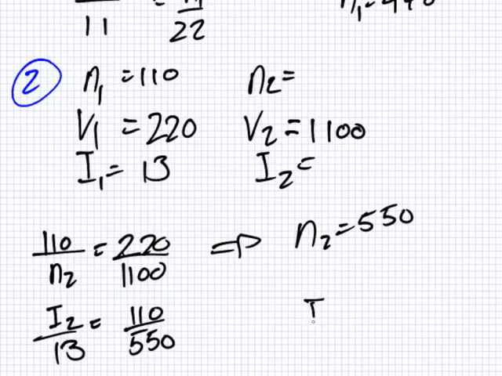So then I2 equals 2.6 amps. What's wrong, KJ? I thought V1 was 100. Is it? No, it's not.